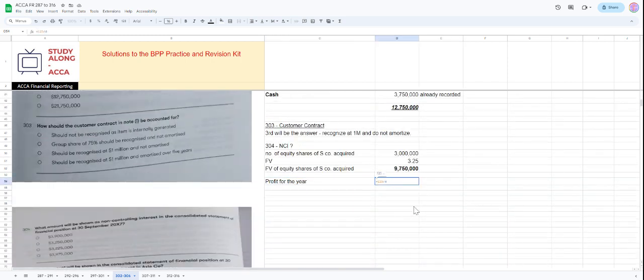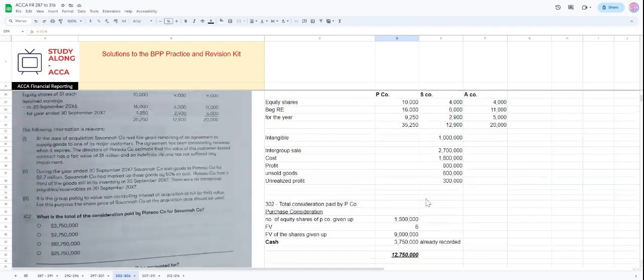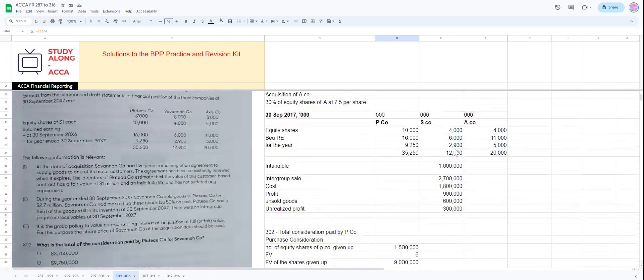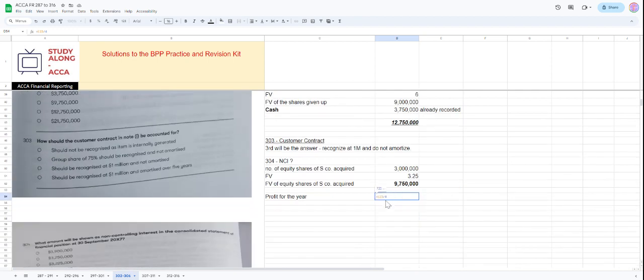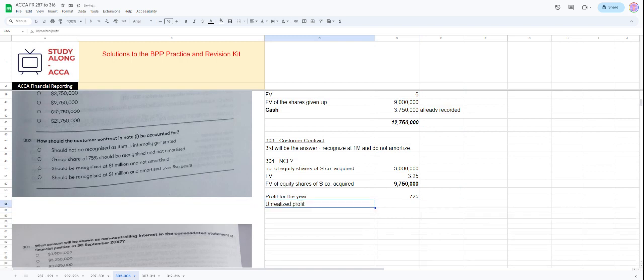So they take this entire profit of 2900 and then they take their share, one fourth. And then there is unrealized profit of the share, but we are just taking NCI percentage, which is one fourth. Okay.